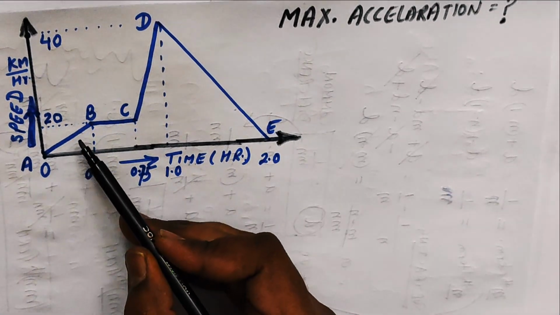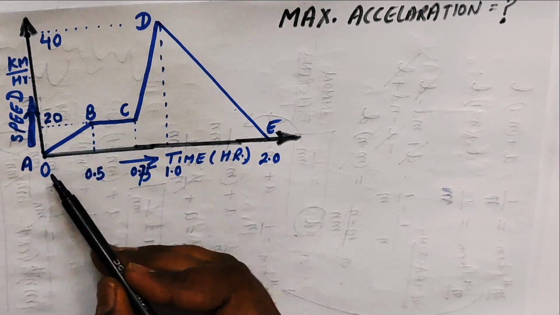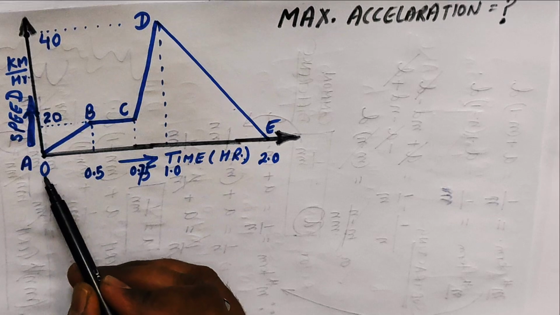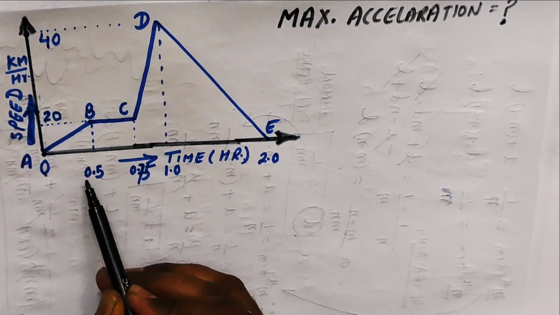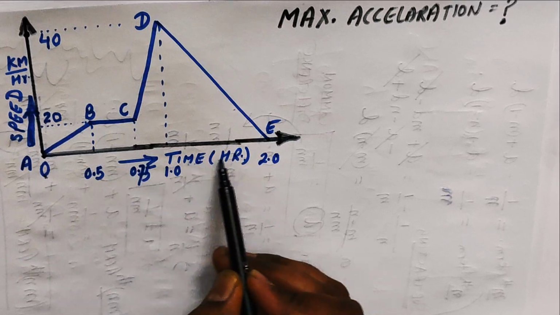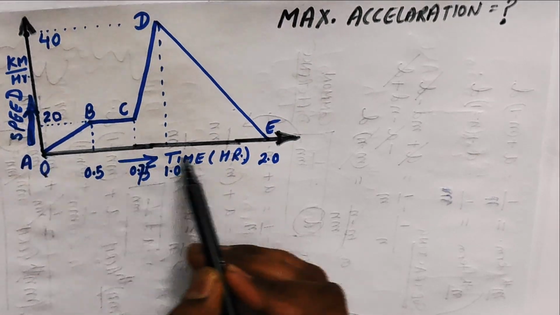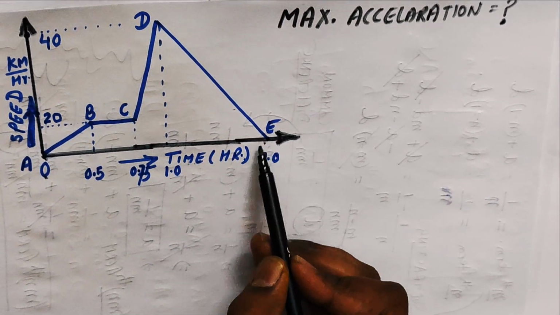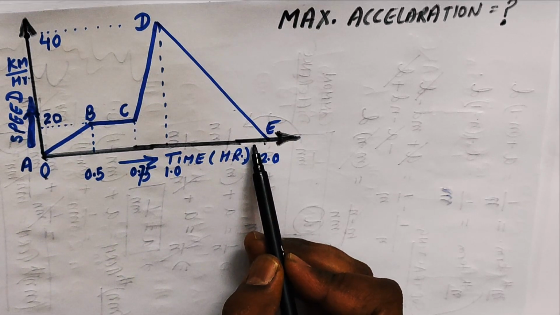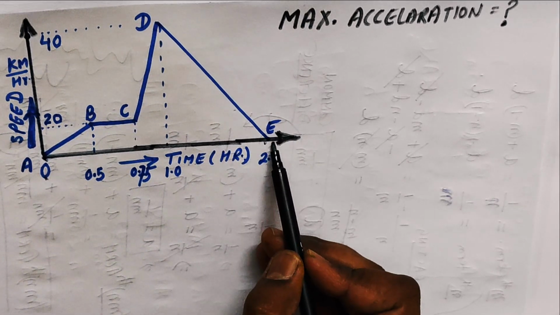Okay, so in this question, a train moves from one station to another, and it takes 2 hours of time. You can see on the x-axis we have the time which is plotted, from 0 to 2 hours. In 2 hours of time, the train covers some distance. What is the distance which is covered?